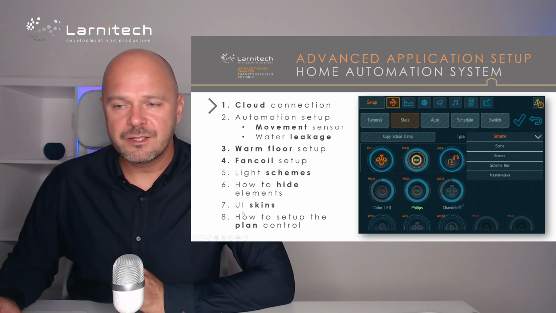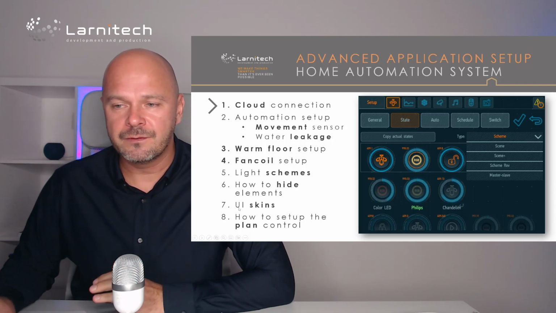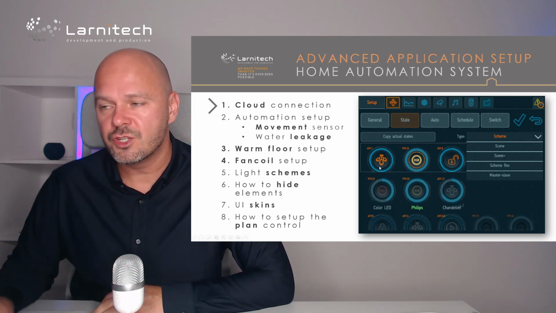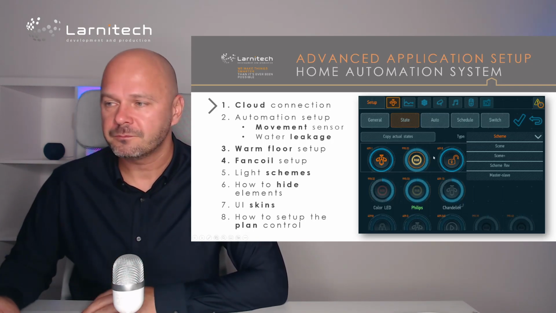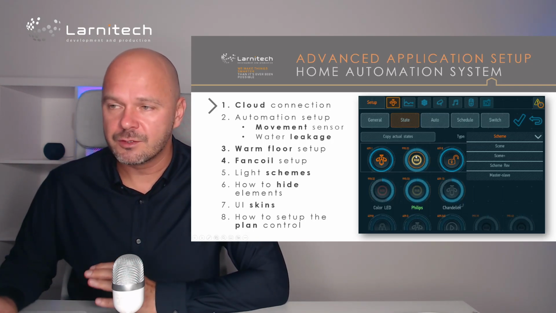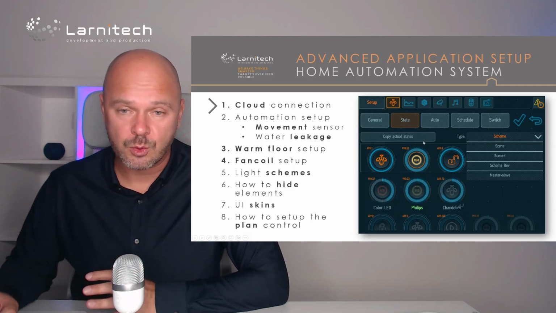Next topic is UI skins, but this thing is actually for developers. If you want to change the user interface a lot, you will be able to do this, but you will need an instruction which is available from our technical support.